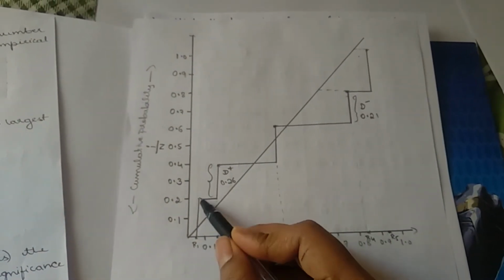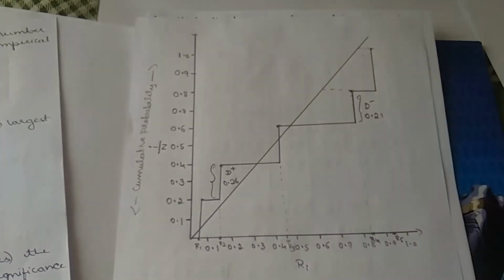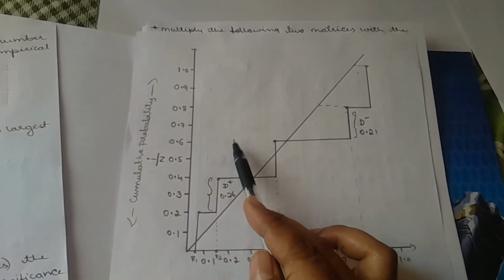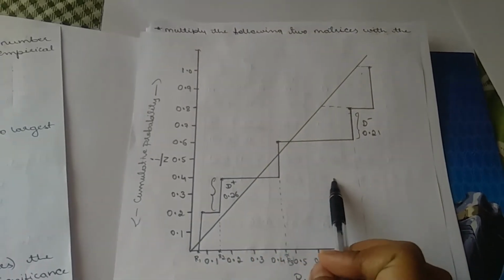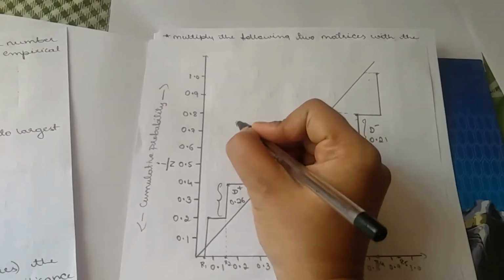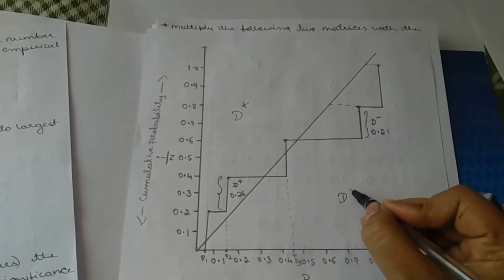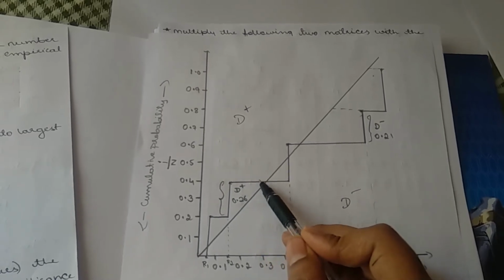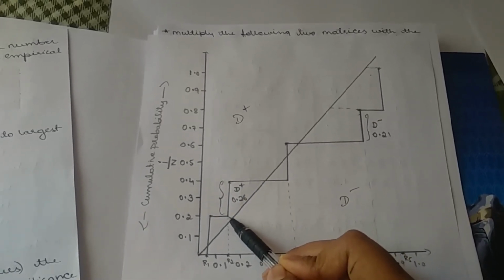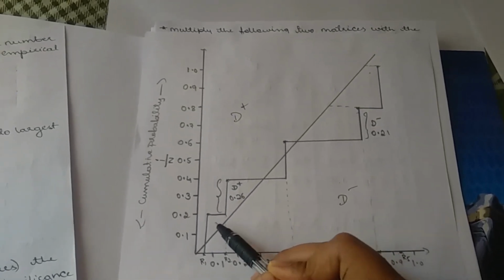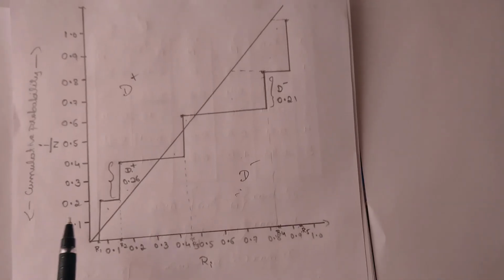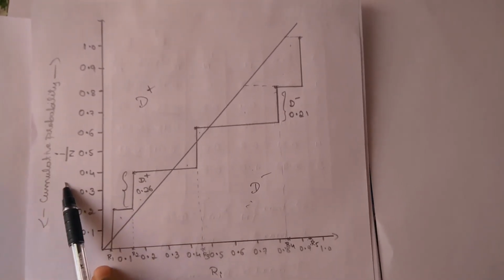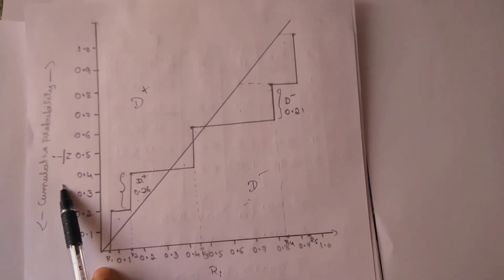You have to just join all these things with respect to this center line. Now here, this part is your D plus and this part is your D minus. In D plus, whichever has more area, that one you have to consider, because we have to find out the maximum of D plus. See here, I'm plotting the graph of Ri to cumulative probability i divided by n.